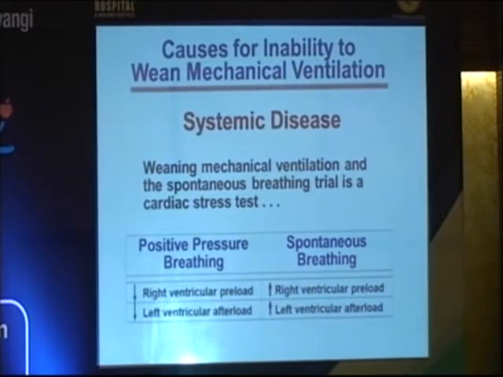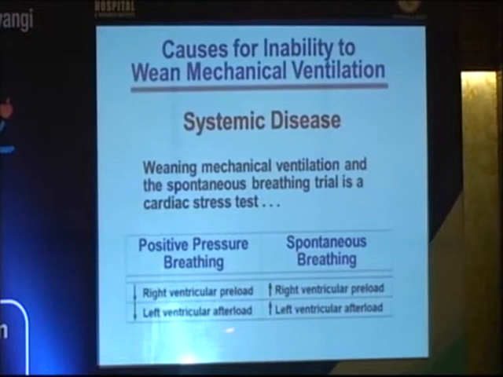So when we are weaning a ventilator on a patient with cardiac disease, this is really a cardiac stress test. Because when you think about it, before application of mechanical ventilation with normal spontaneous breathing, there is improved right ventricular preload, and there is increased left ventricular afterload.